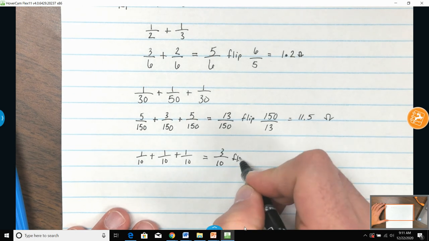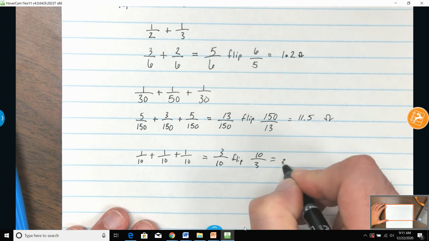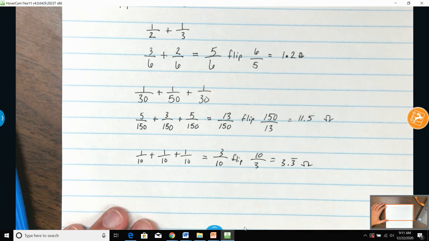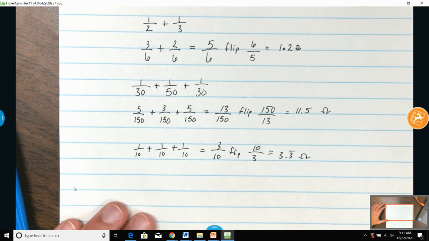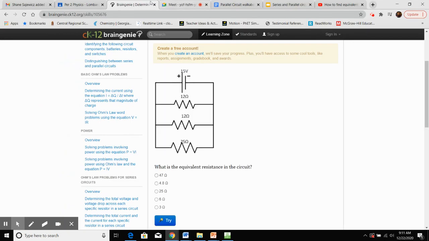What do I do here? I flip it. So we get 10 divided by 3, which comes out to be 3.3 repeating. Let's try it. Okay, great.